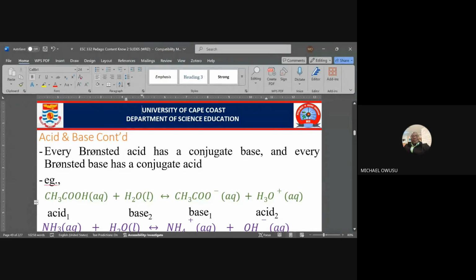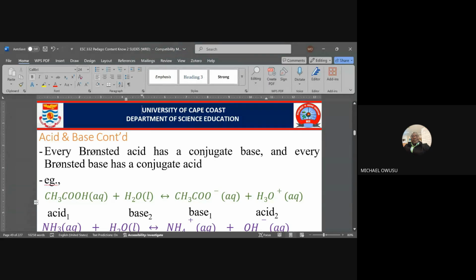So what is the water doing in going forward? The water is donating something. So at the end, it has reduced by the number of hydrogens it was having. So the water served as a donor.